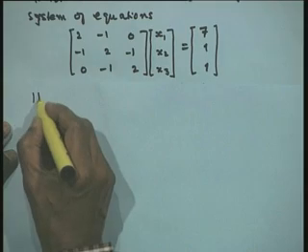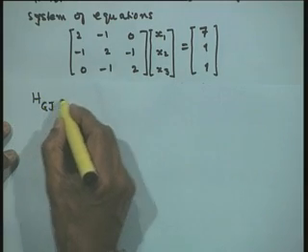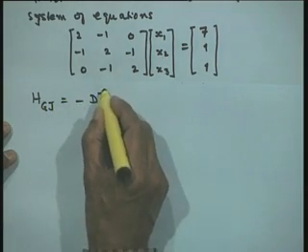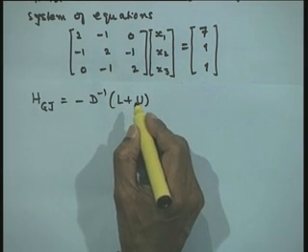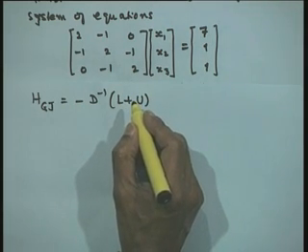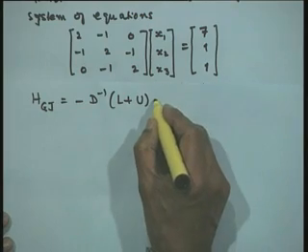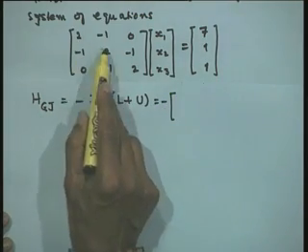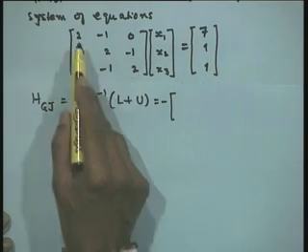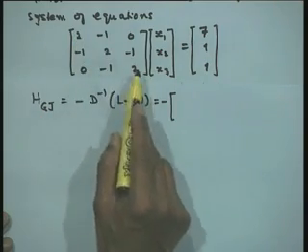Now, for the Gauss-Jacobi scheme, we have minus D inverse of L plus U. The diagonal matrix is 2 2 2, therefore, I can invert it immediately as 1 by 2, 1 by 2, 1 by 2.